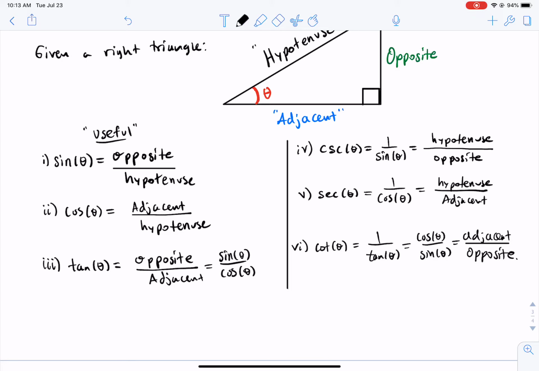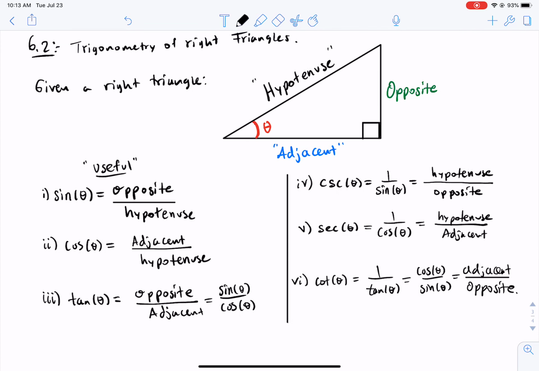If it has one of the angles to be 90 degrees, yeah. The easiest way to think about it at this moment is that one of the angles should be 90 degrees, right?